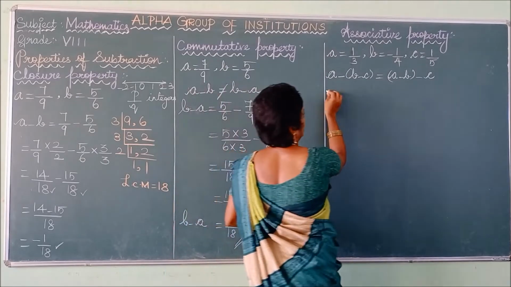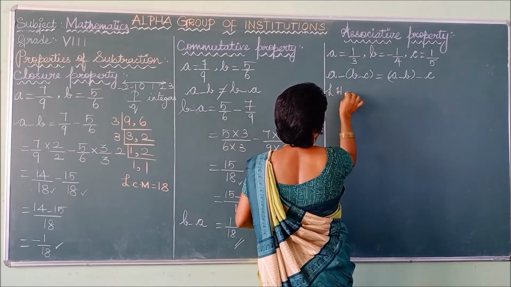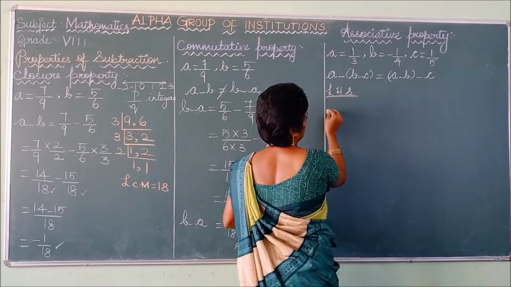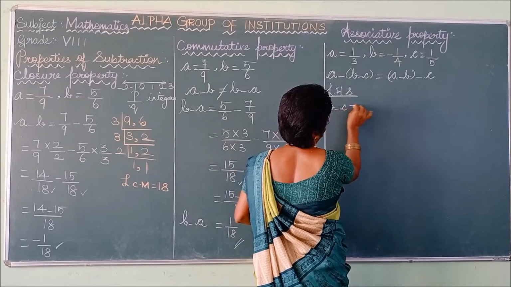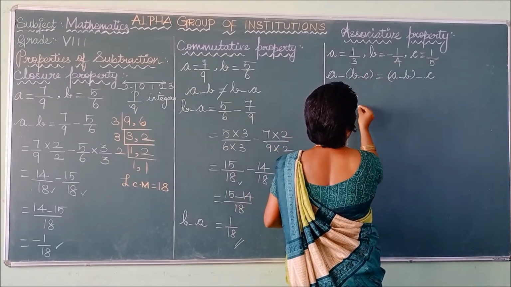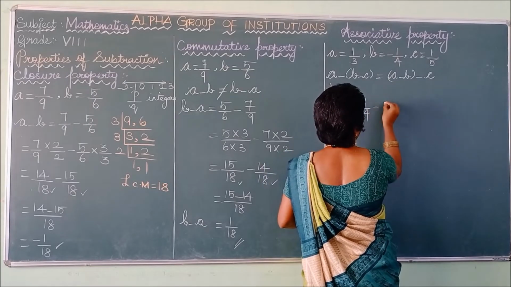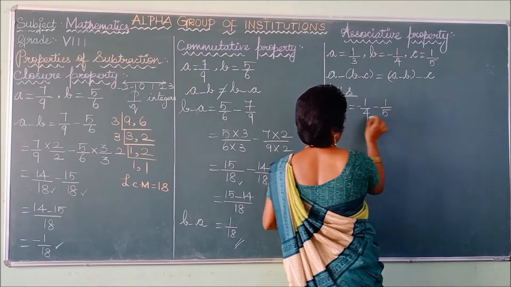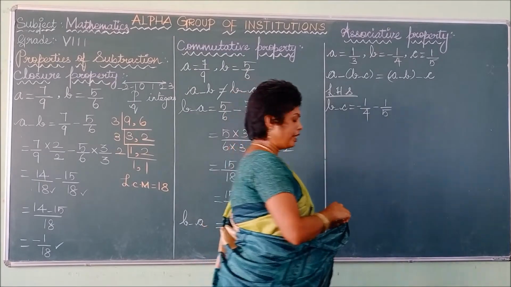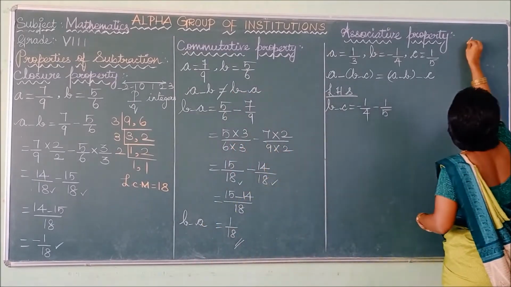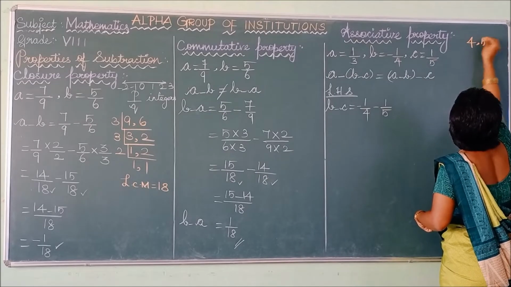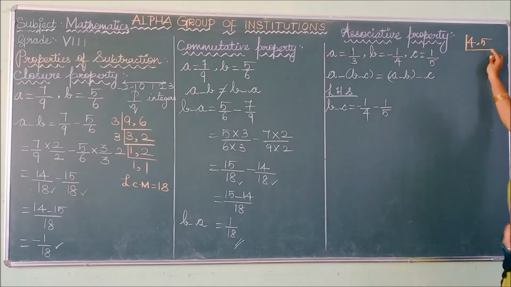So first take the left hand side. Now I am taking the left hand side. What is our left hand side? B minus C. So what is B minus C? Minus 1 by 4, then minus 1 by 5. So both are not the same, you can take the LCM. For 4 comma 5, this is even, this is odd.